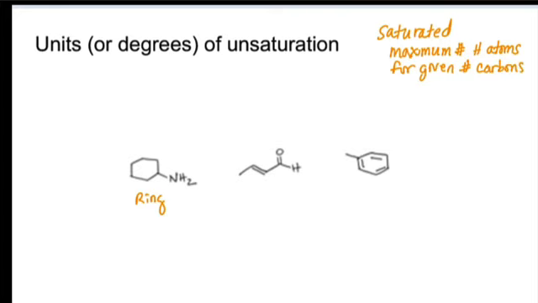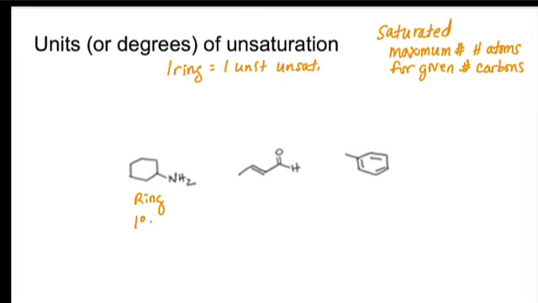This particular compound is going to have 2 fewer hydrogen atoms because of this ring. And so it turns out that 1 ring equals 1 unit of unsaturation. It has 1 degree of unsaturation because of that ring.